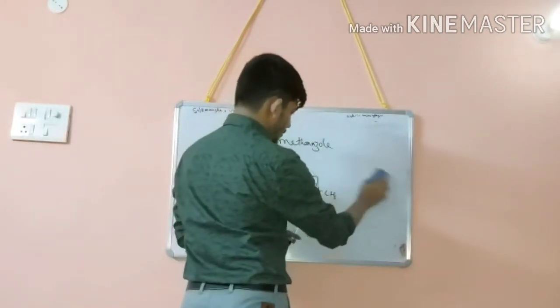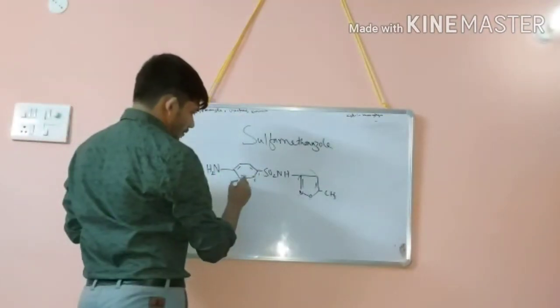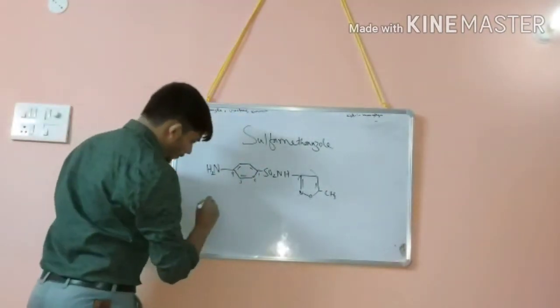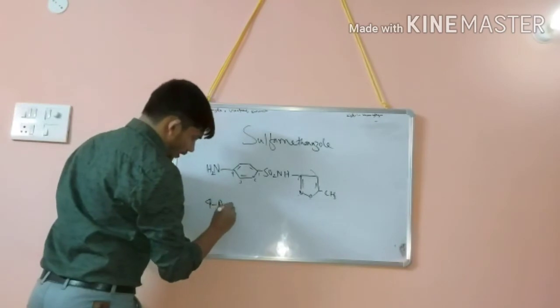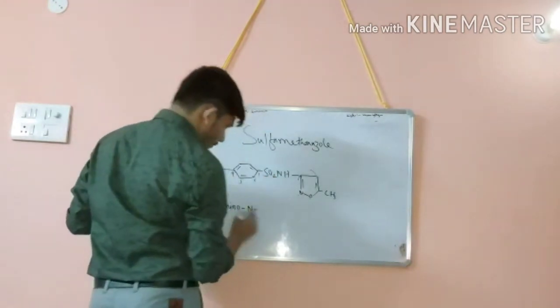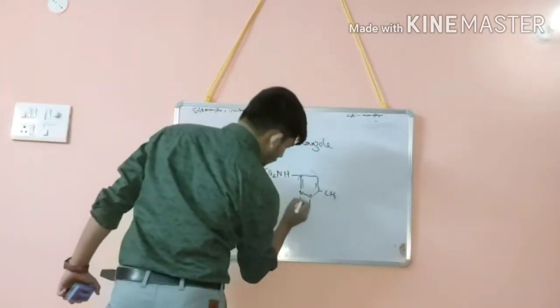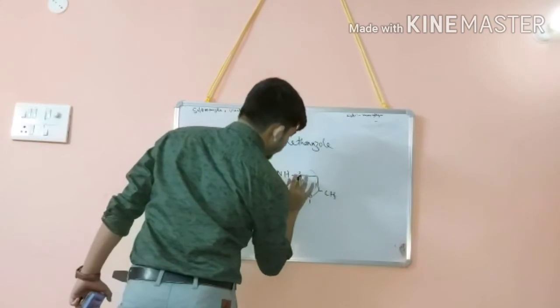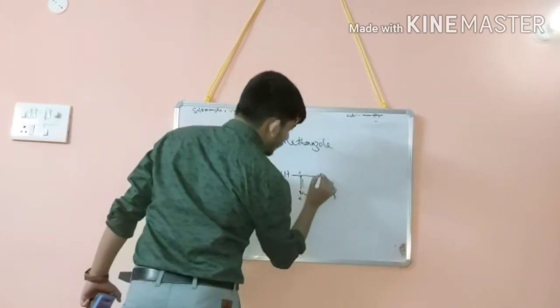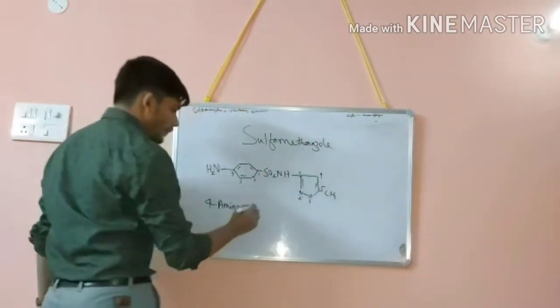So let's name the structure. From here 1, 2, 3, 4, so 4-amino, then this nitrogen. From here we will start the numbering 1, 2, 3, 4, 5. Always numbering starts from this oxygen.